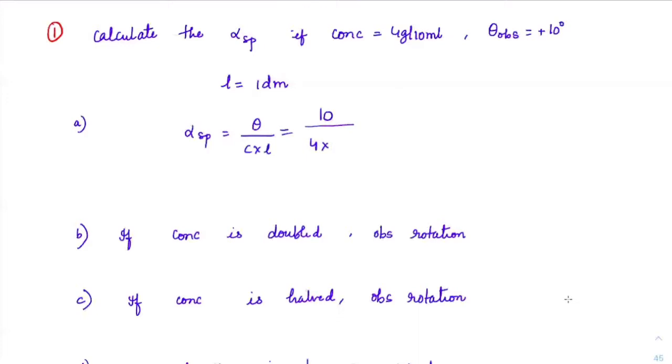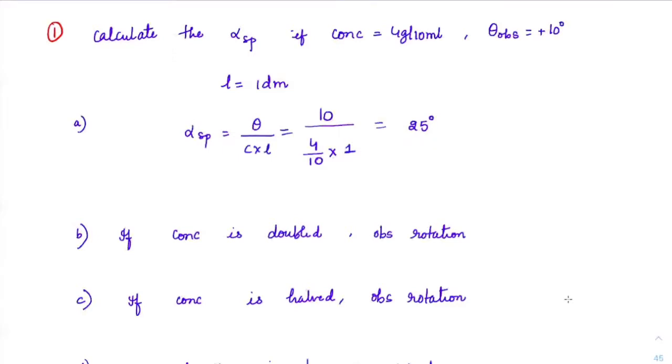And 4 by 10 I have to write because that was defined for 1 ml. So 4 by 10 into length 1 decimeter. So what should be the value here? The 10 goes up, giving 25 degrees. So 25 degrees is the specific rotation for that particular solution. Okay. So that 25 degrees is a constant value, right? It is like a constant for different concentrations and different lengths. I think all of you understand the basic physics, how to use it.